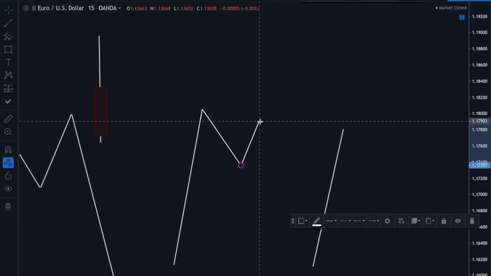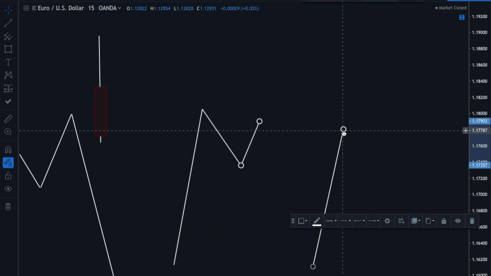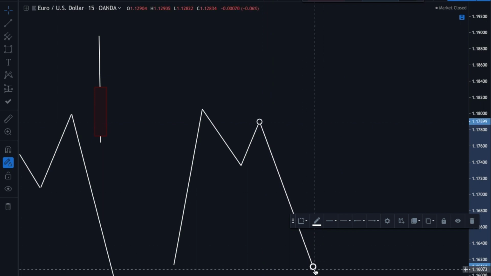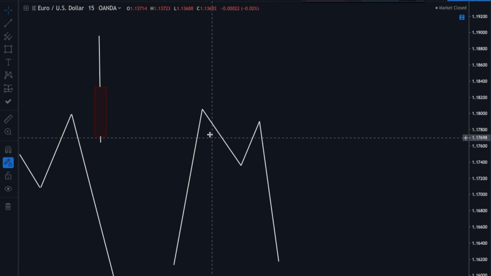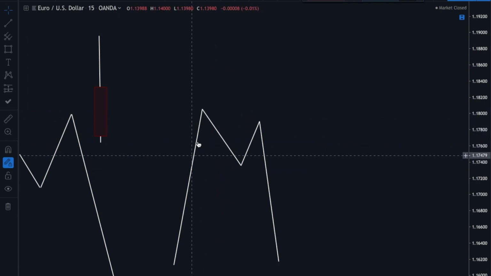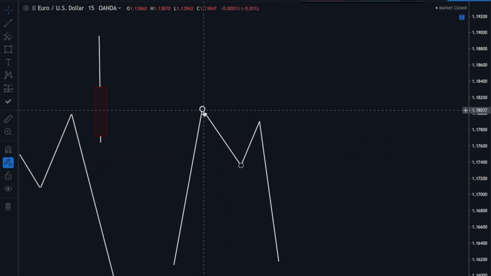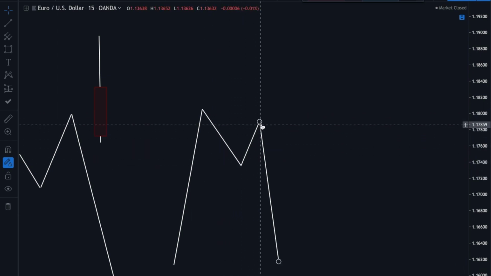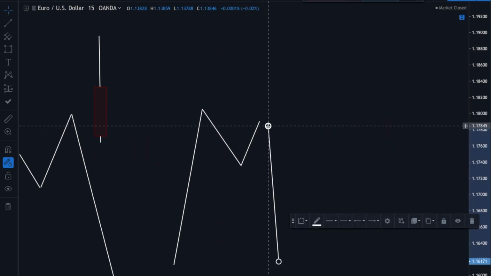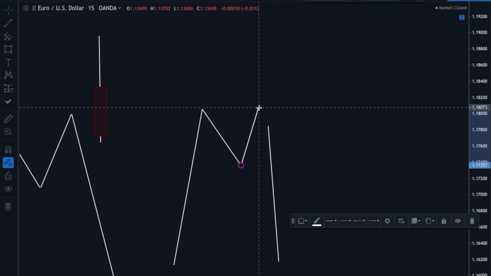So the only reason you'll see M patterns like this, where it looks like it's just short of the first leg, is because on the first initial push they ended up getting all of the traders they needed. They didn't want to go all the way back up, because if they do, they release those trapped traders with break-even trades.